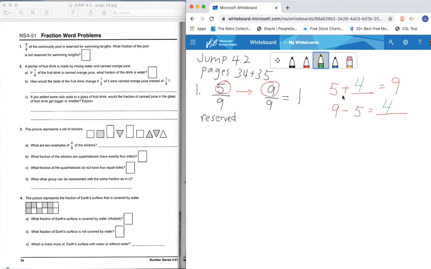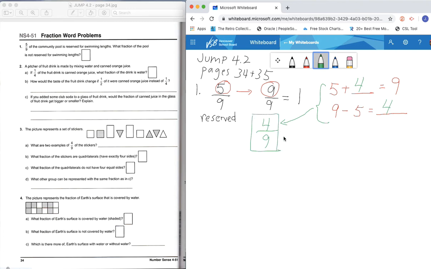That means you will know that 4 is your numerator. The denominator stays the same, it's still 9. So you would write 4/9 in the blank box there.